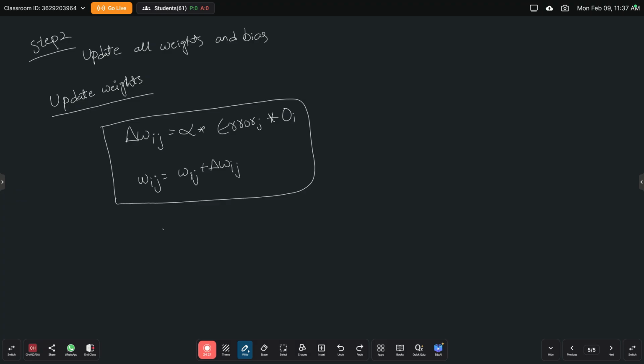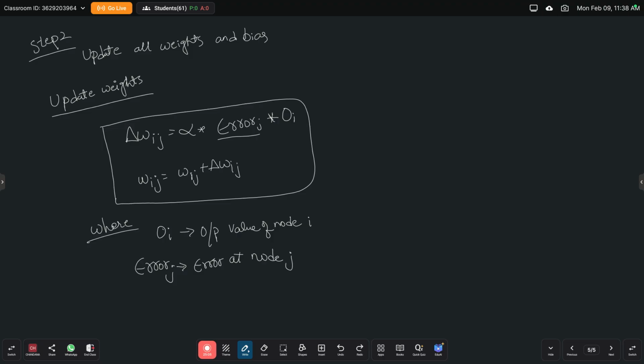Next, what are the terms oi, oj, error j, wij? I am explaining clearly here. Oi is the output value of node i. Error j is the error at node j.